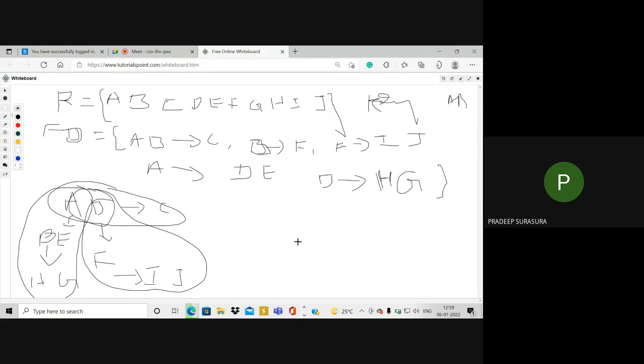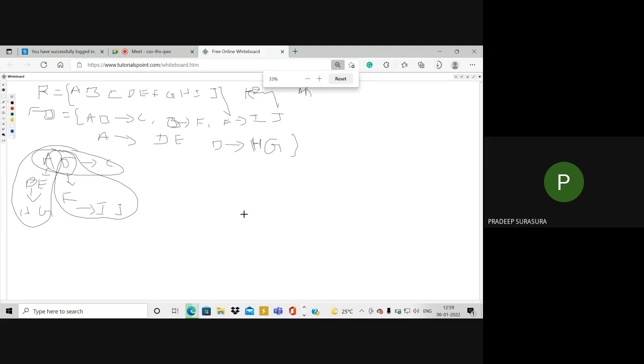So after decomposing R to second normal form, we have A, B, C in one table, B, F, I, J in one table, A, D, E, H, G in one table.